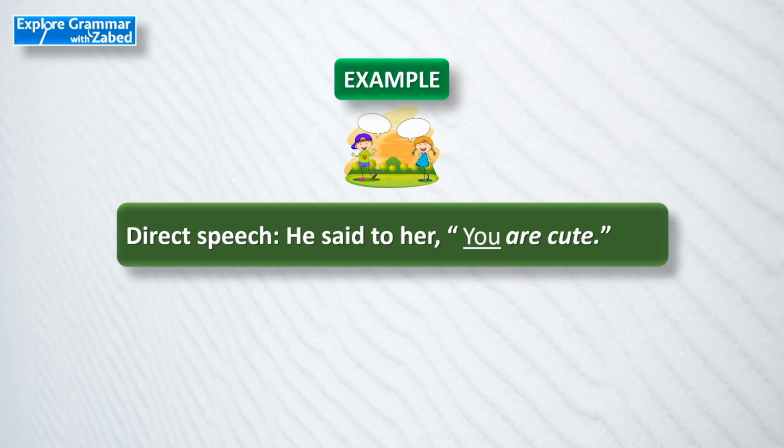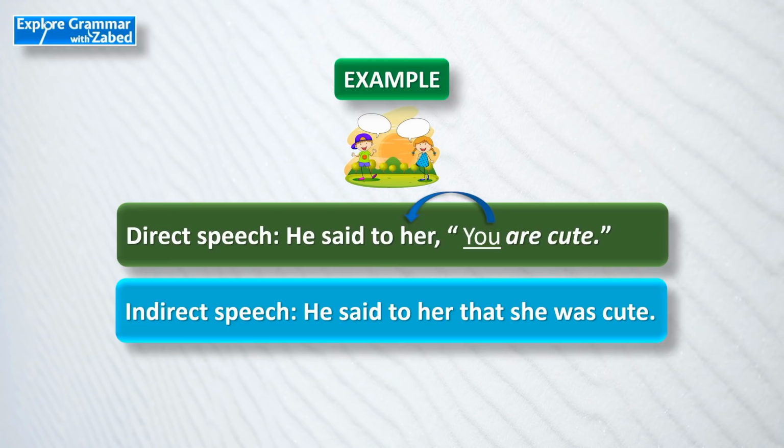I have already mentioned that the second person pronoun will change according to the object of the reporting speech. The object here is "her", and its subjective case is "she". So, the indirect speech will be: He said to her that she was cute.